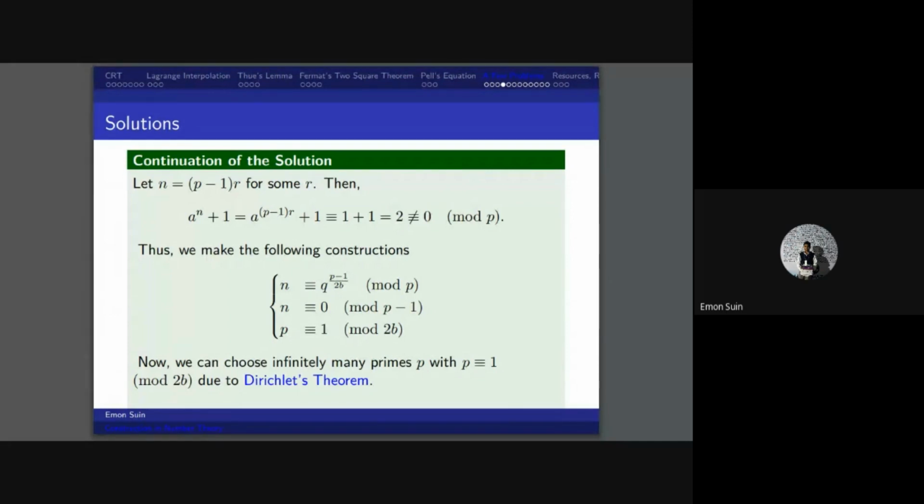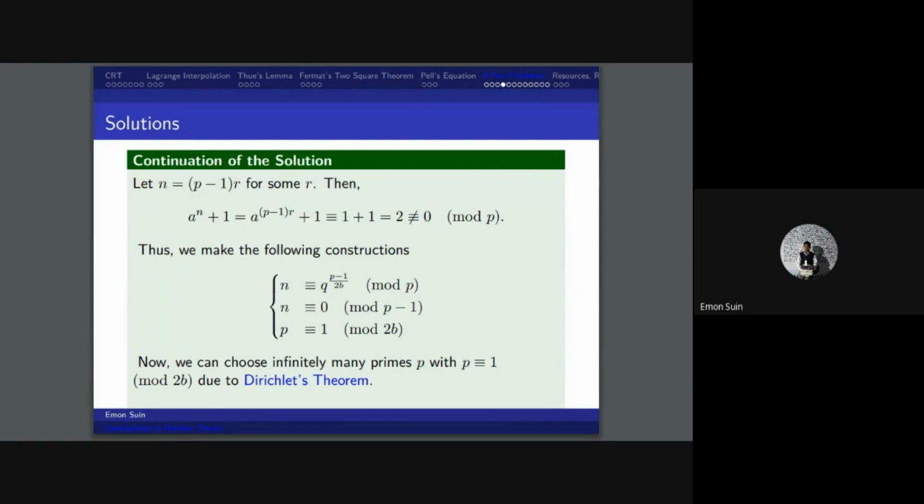Okay, so we can say p is congruent to 1 mod 2b. That means we can say that p equals 2bx plus 1 for some x. We can say this, right? Yes. So if p equals 2bx plus 1, then x can be anything.